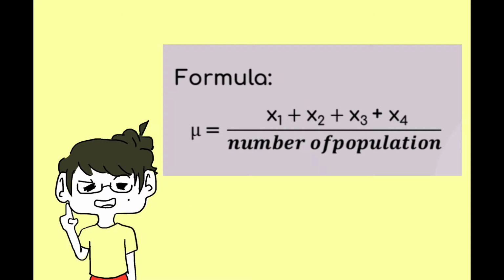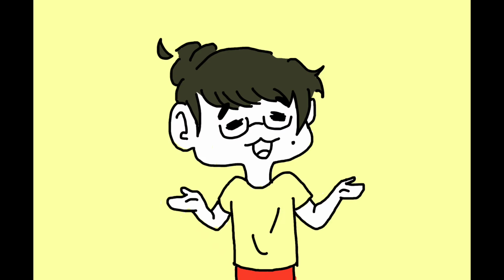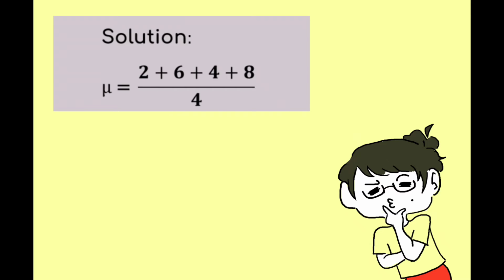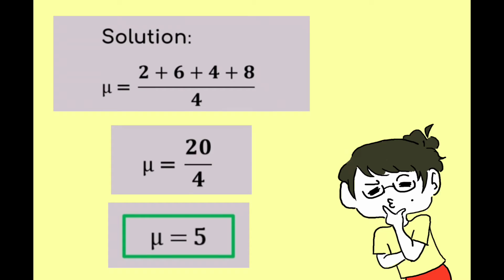Mu, or the population mean, is equal to x sub 1 plus x sub 2 plus x sub 3 plus x sub 4 over the number of data we are given, or population. Now we're going to fill up the formula with its values. This is going to be 2 plus 6 plus 4 plus 8 over 4. We add the numbers on the dividend and that gives us 20. After that we divide 20 to 4 and that gives us 5. So now the population mean is 5.